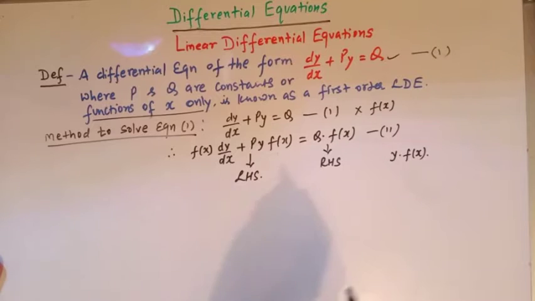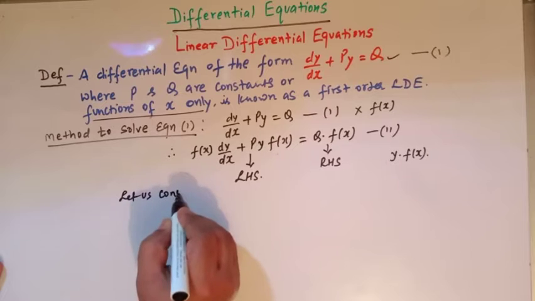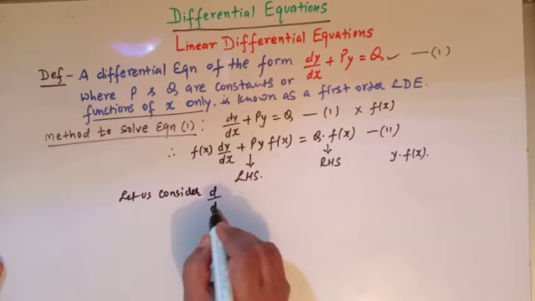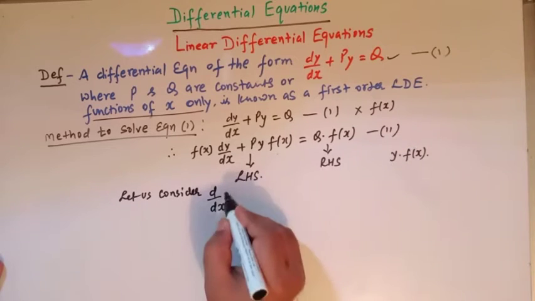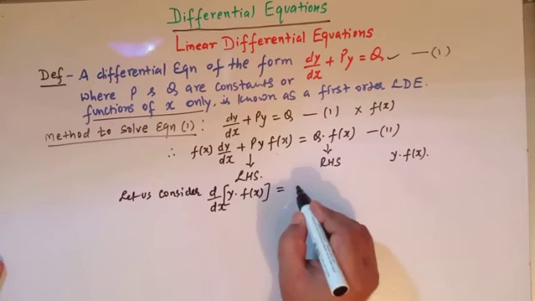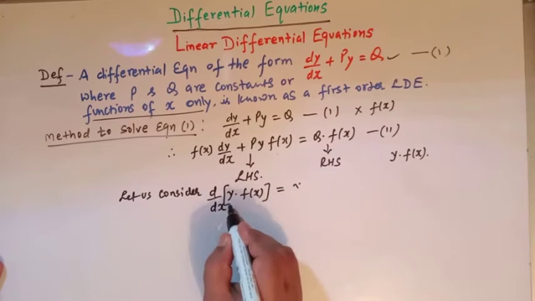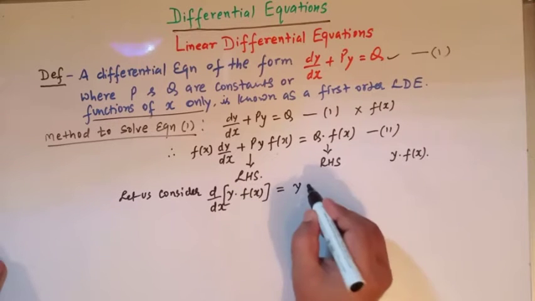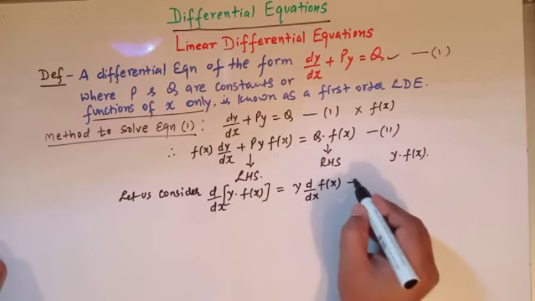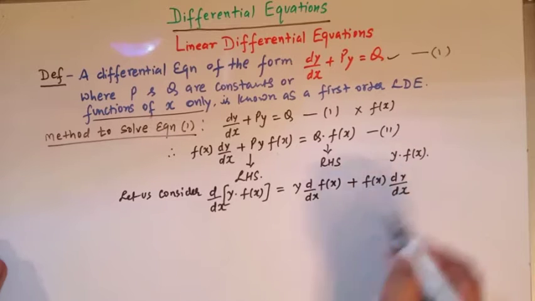Clear? Okay, so let us consider the derivative of y times f of x. Clear? So what we will get? This is the product of two functions. So we'll use here the product rule. So y times the derivative of f of x, then f of x times dy over dx.